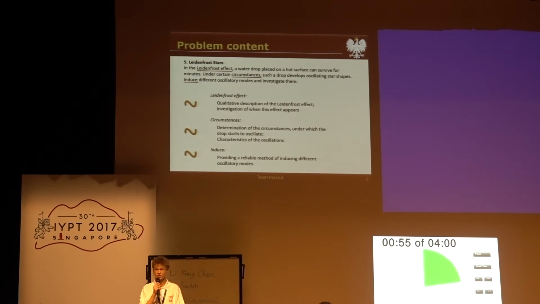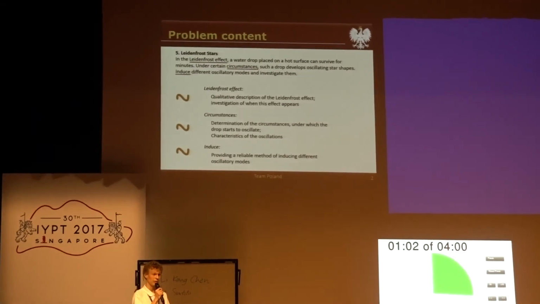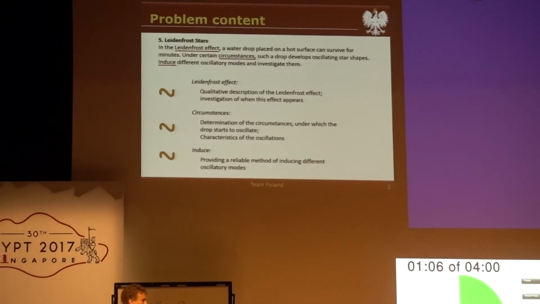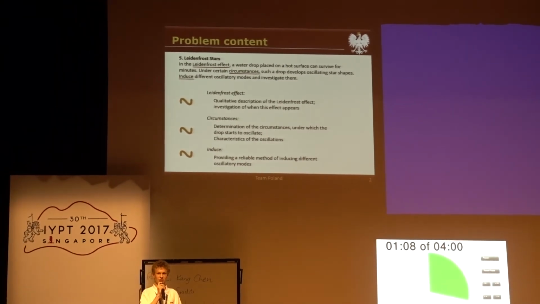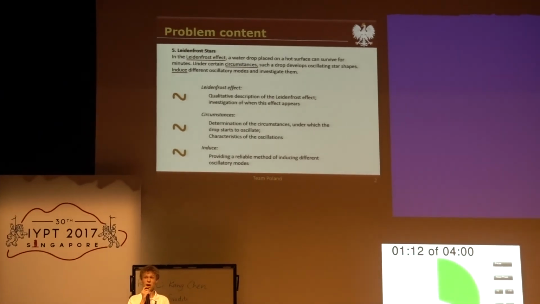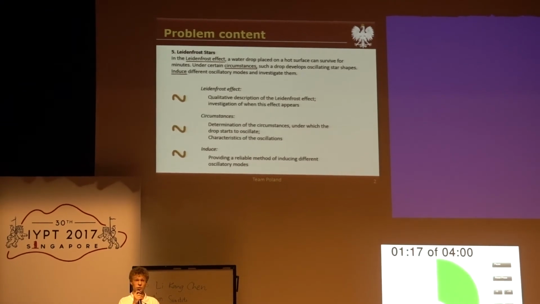Circumstances, I mean the conditions of the surroundings of the drop, such as temperature, parameters of the evaporation of the liquid, heat transfer, and heat conductivity. And it was done partially because we have a very nice model and investigation of the frequencies of oscillations of the stars.